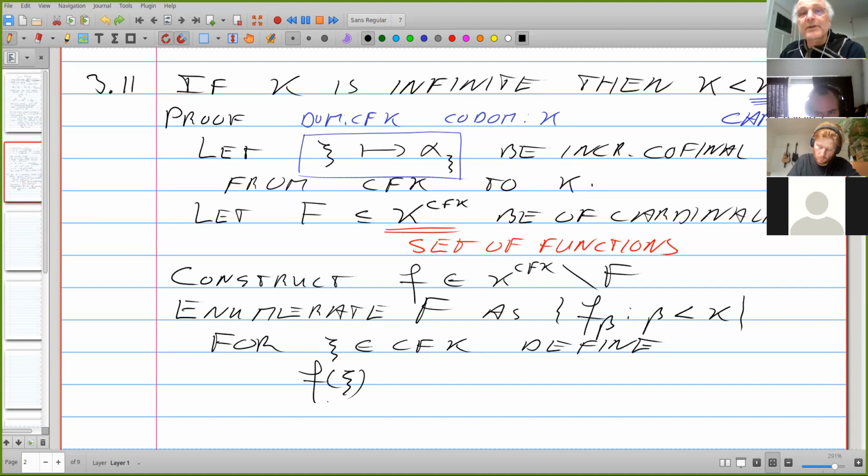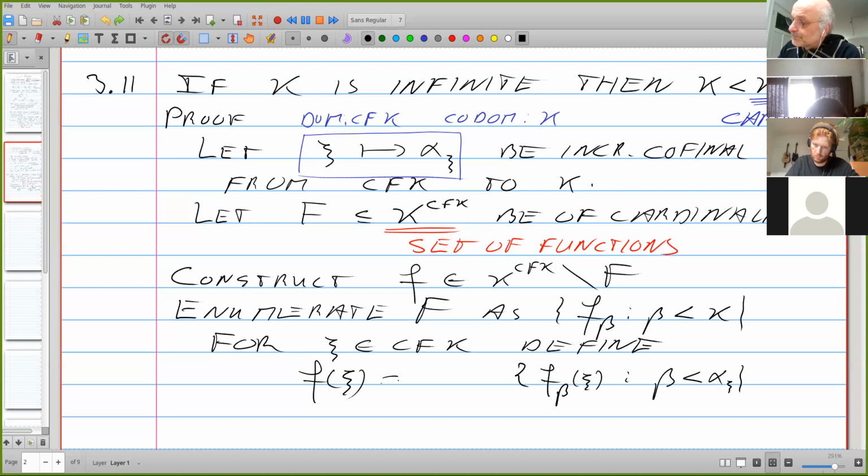And so what do we want? We want to avoid, we don't want f xi to be among these numbers, because then we can say, well, f is not equal to f beta for any of those betas.